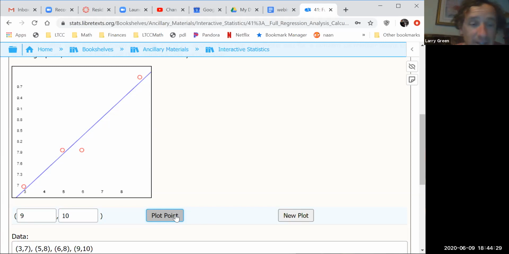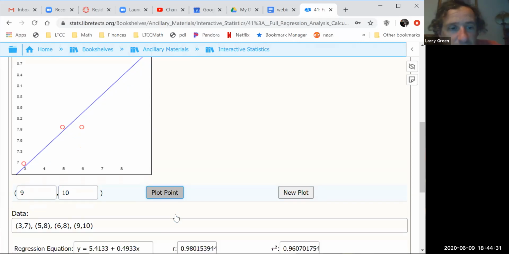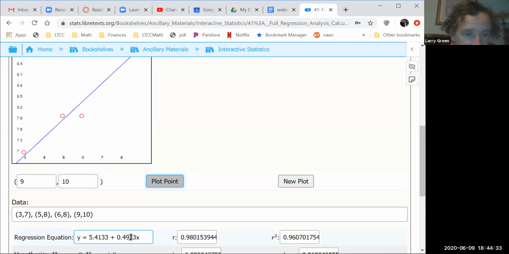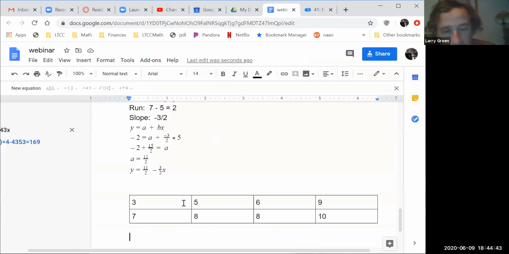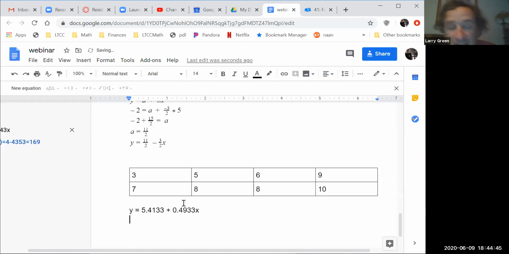And we have a regression line. The regression equation is that. So I can copy it and paste it into the question. I figured I'd show you how to find the equation using the calculator I created.